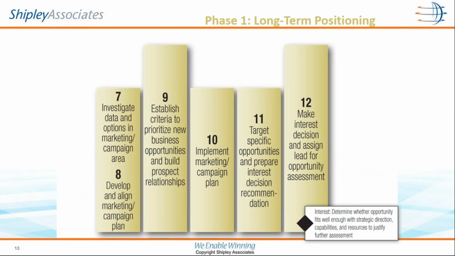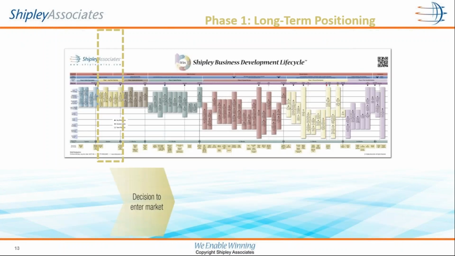We've got to start positioning our solution long-term. We can't wait until opportunities are coming at us. So we've got to look at data ahead of time. We've got to start implementing the marketing plan, the campaign plan we thought about in the previous phase. The end game here really is to make that point number 12, make an interest decision at this point.